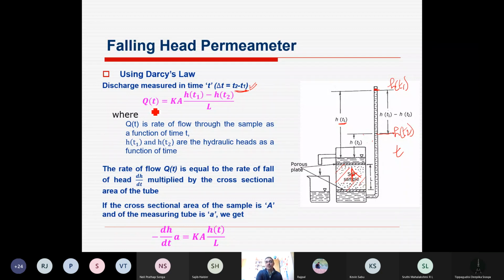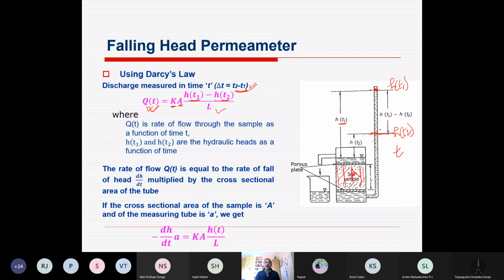So the total discharge in time T is hydraulic conductivity K, the area of this sample, and HT1 minus HT2, the head difference, over L, the length of the flow path through this soil.